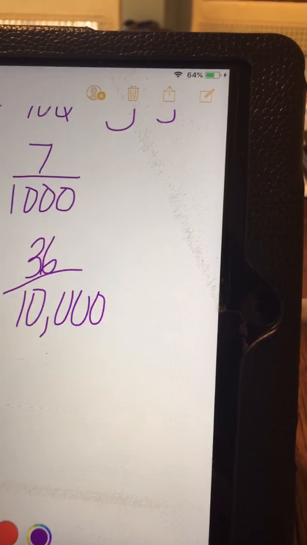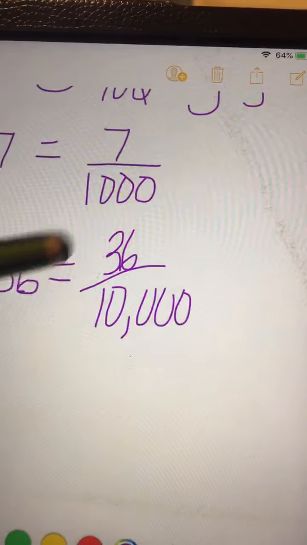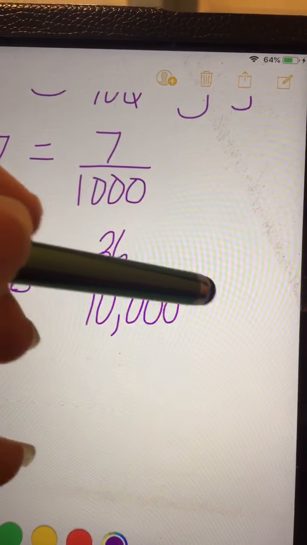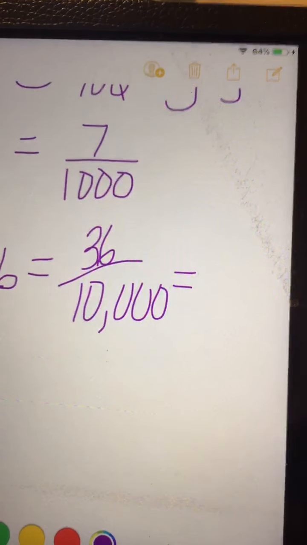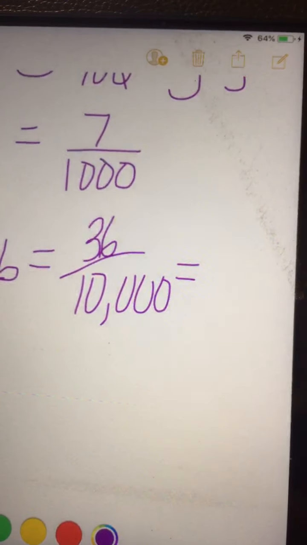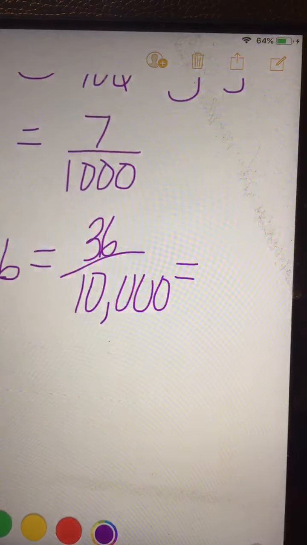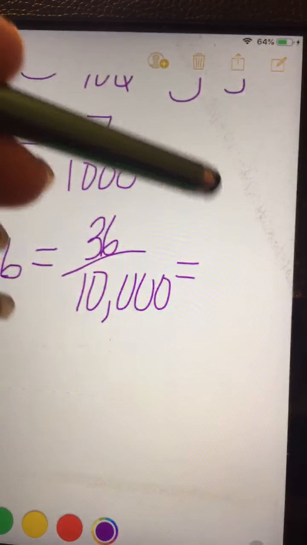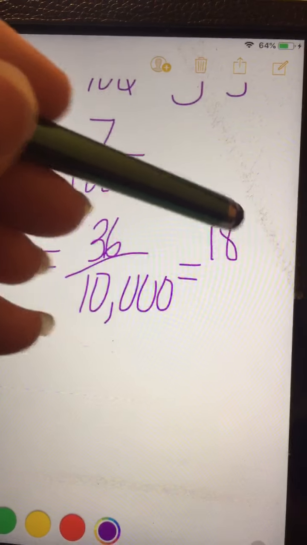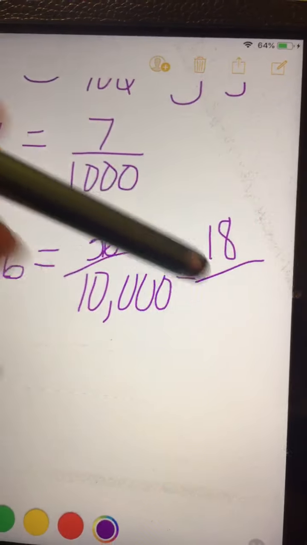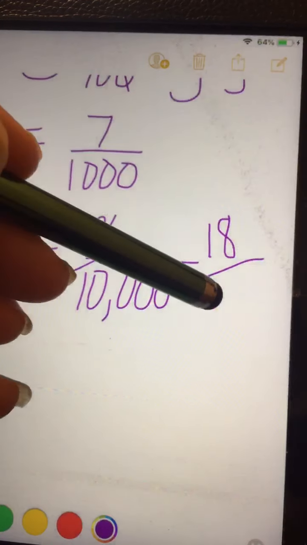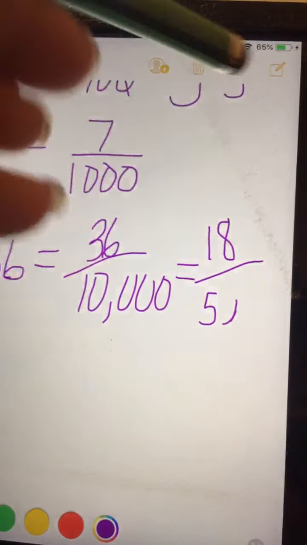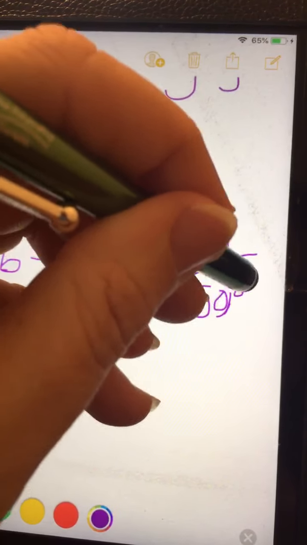Okay, and then you can simplify that. They both end in an even number, so let's go ahead and simplify. 36 divided by 2 is 18. 10,000 divided by 2 would be 5,000.